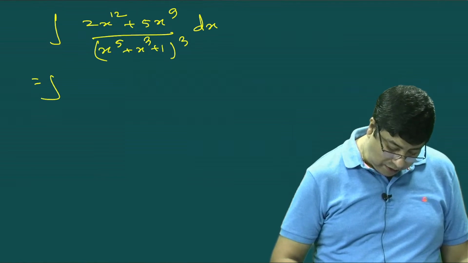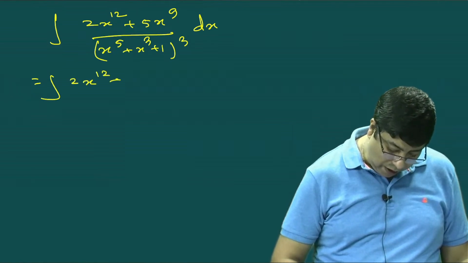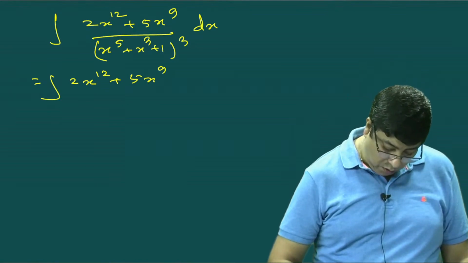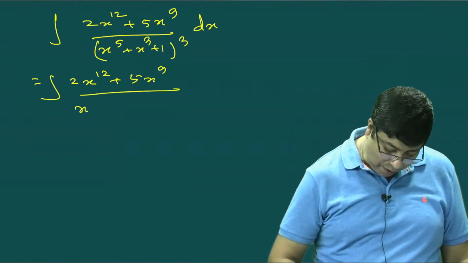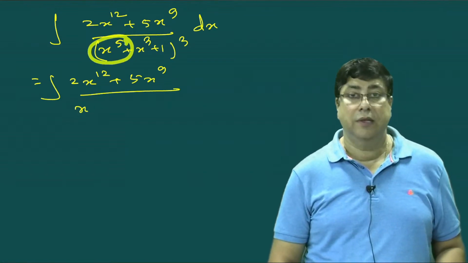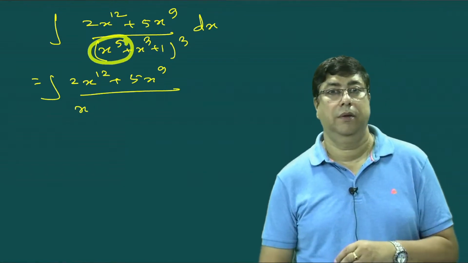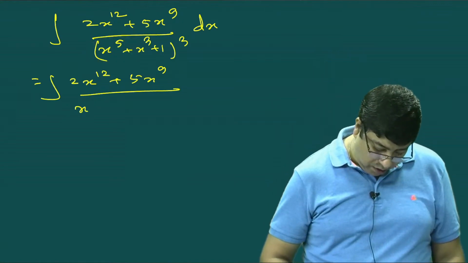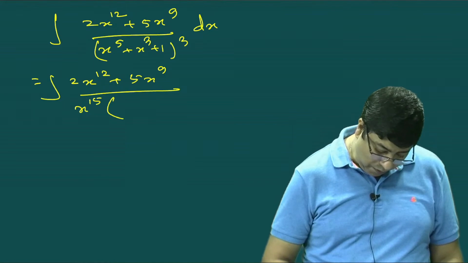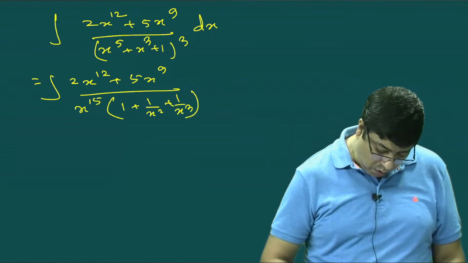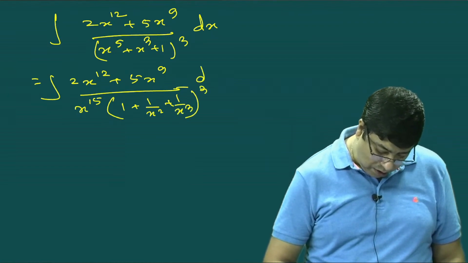So I can take this here, 2x to the power 12 plus 5x to the power 9 total divided by, I am taking x to the power 5 outside. If we take x to the power 5 outside, it is coming out as x to the power 15, that is 1 plus 1 by x square plus 1 by x cube whole to the power 3 dx.